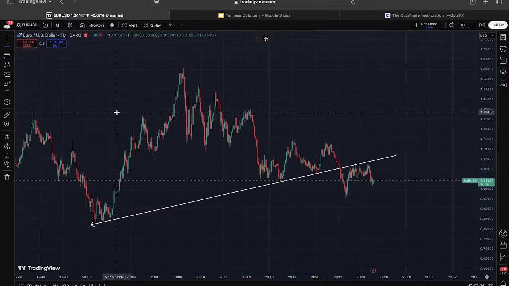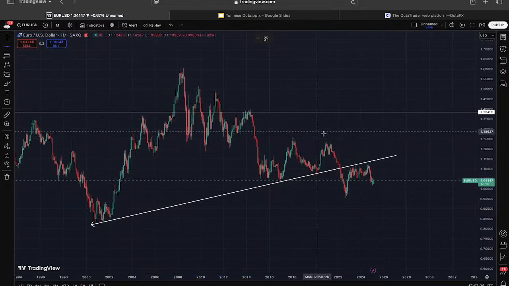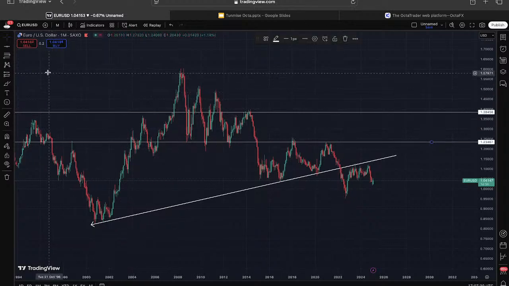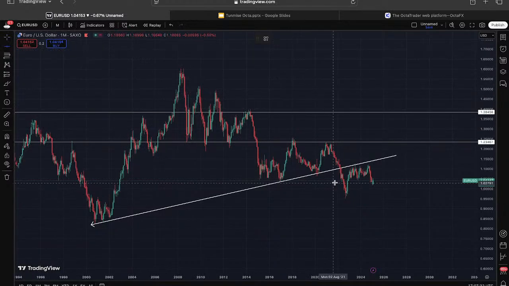So I'm marking out structures and key levels.